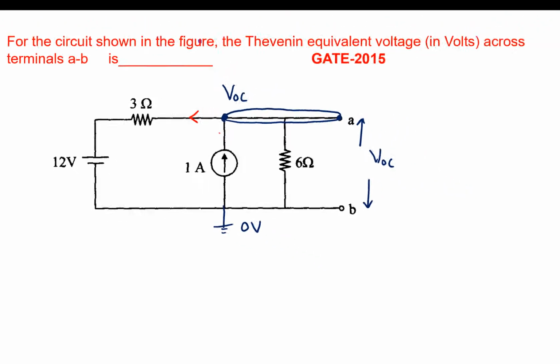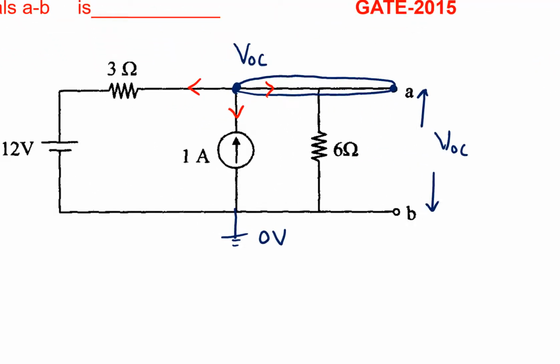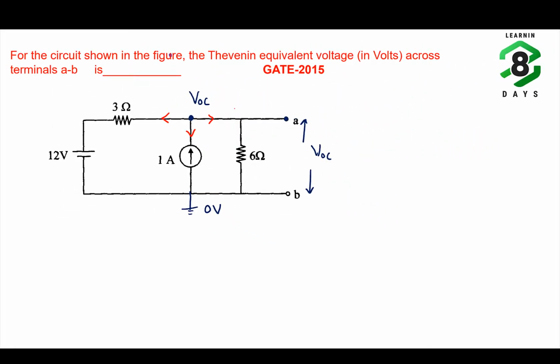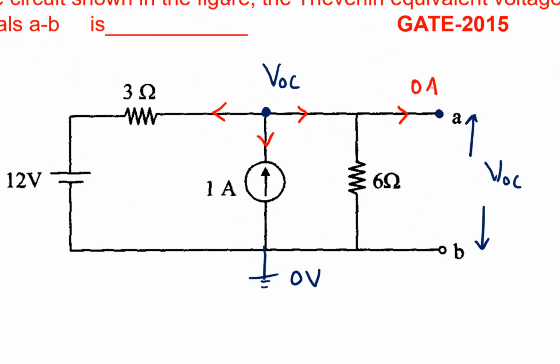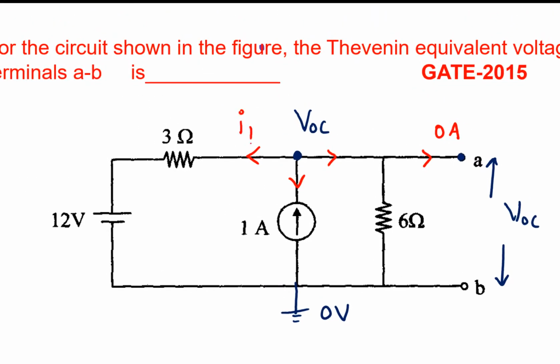Like KCL, assuming all currents are leaving. Now if you apply KCL, assuming all currents are leaving, since it is open circuit, the current through this branch will be 0 ampere, since the terminals A and B are open circuit. Now let us assign I1, I2 and I3.